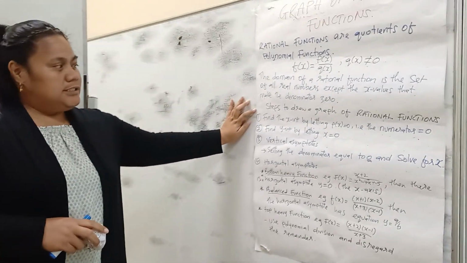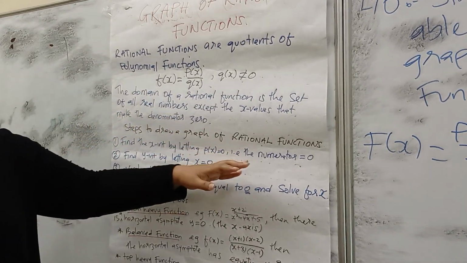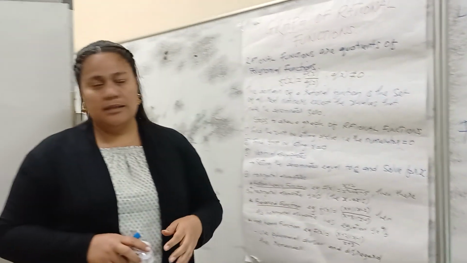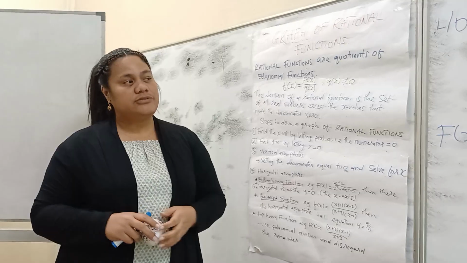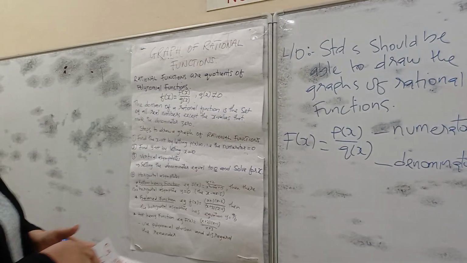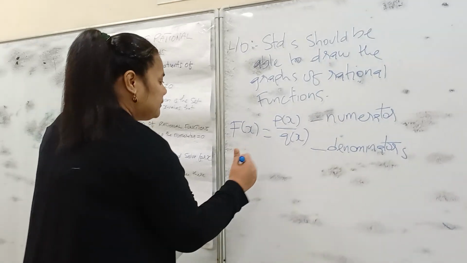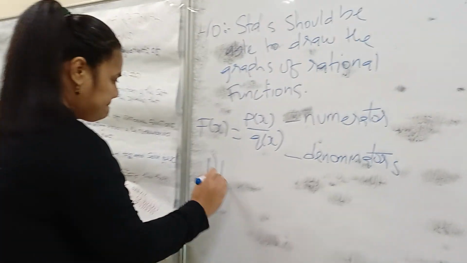The first one is to find the x-intercept. For finding the x-intercept of a rational function, you must set the numerator equal to 0. Like this, let's say number 1.